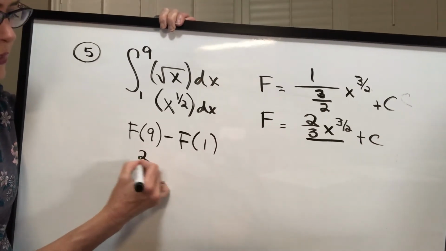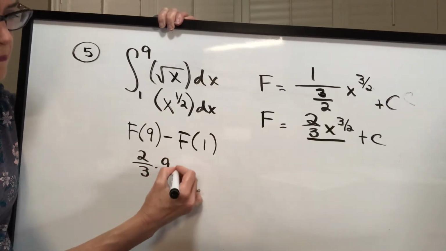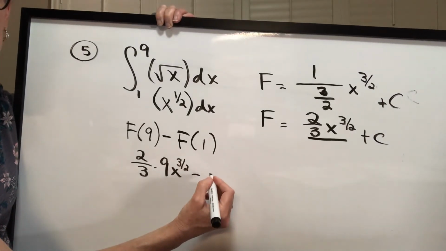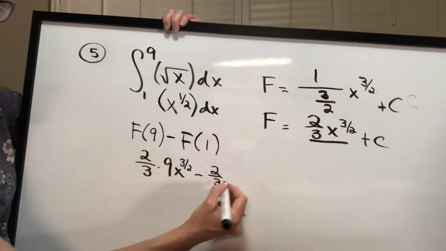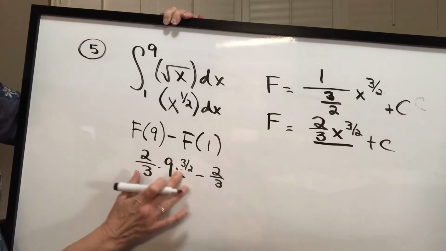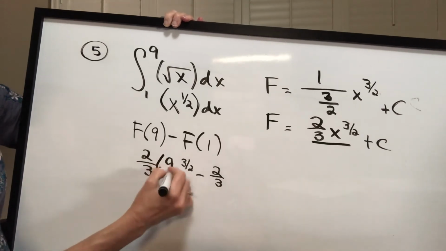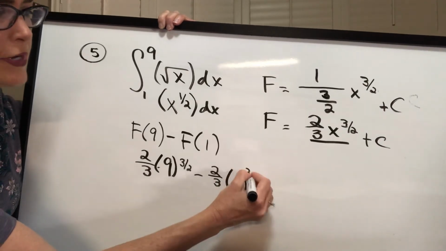So you will be doing 2/3 times 9 to the 3/2 power minus 2/3. Oops, wait a minute. Sorry, not 9x. I'm plugging 9 in for x. Sorry about that. So I'm going to be doing 9 to the 3/2 power, and then over here 1 to the 3/2 power.